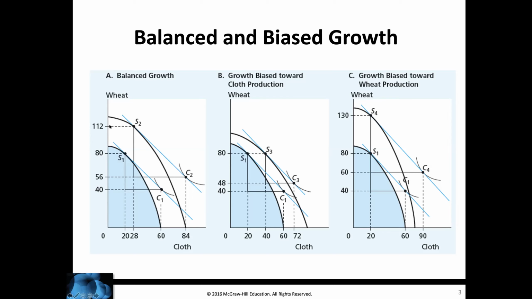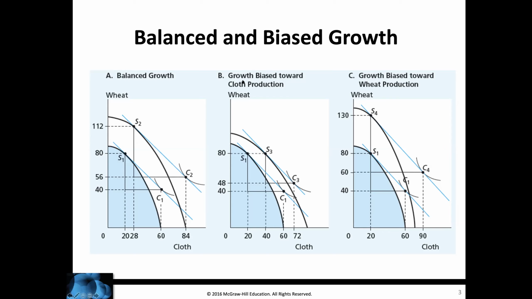And so we see an increase in wheat production from 80 to 112 and an increase in cloth production from 20 to 28. So that is proportionate. And you can see that the willingness to trade shifts outward as well. And so we've got at C2 the amount of consumption. So this is the amount that would need to be produced outside of the country.